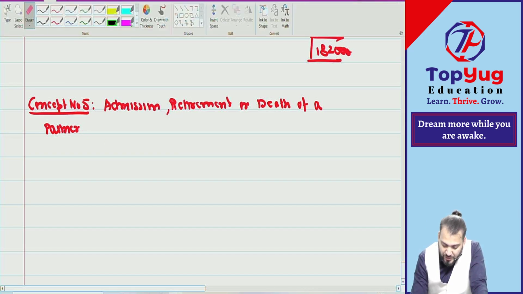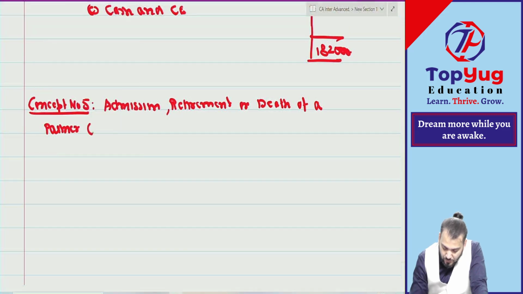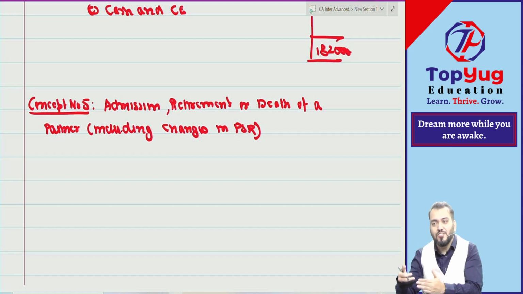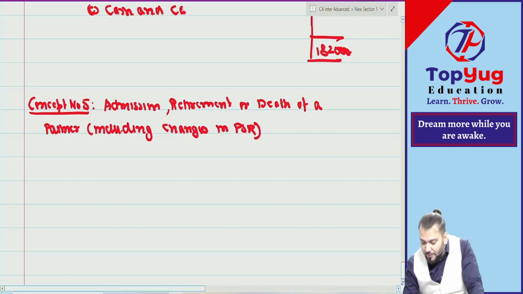Including changes in PSR. Means can I say on the date of admission or on the date of retirement or on the date of death or on the date of changes in PSR, the following adjustments are required. Correct. So this is known as reconstitution of firm.